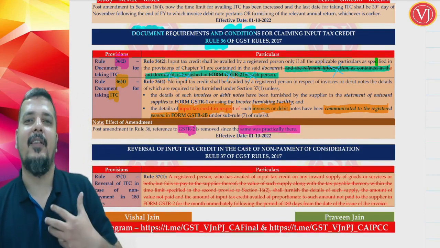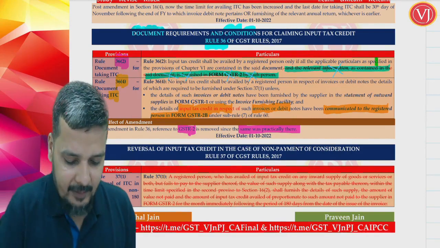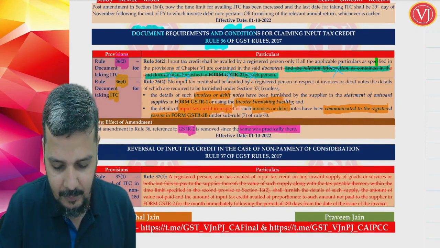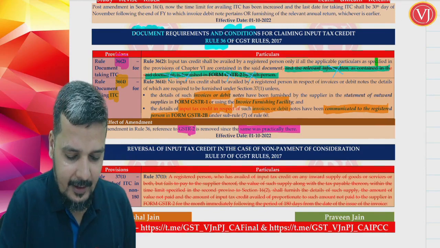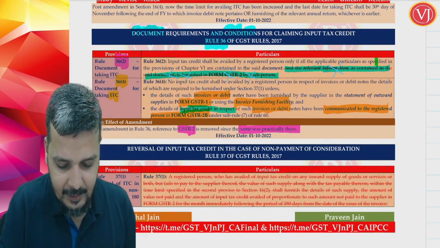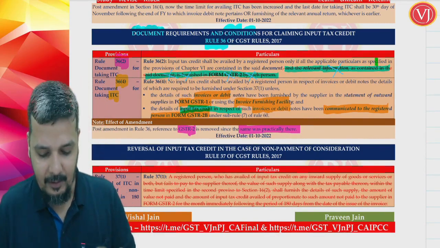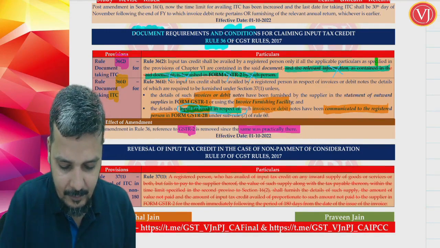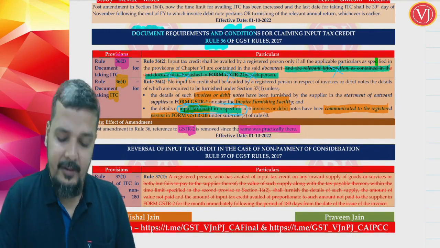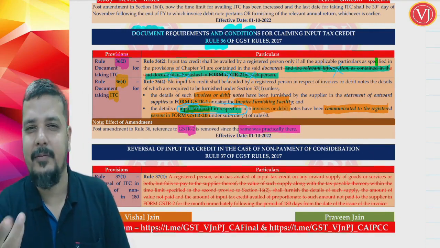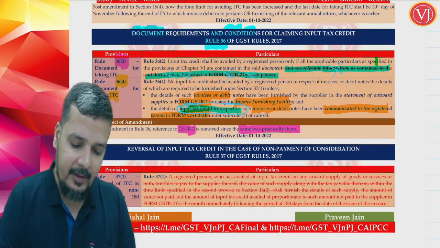So it just tells that the supplier should have filed GSTR 1 or the invoice furnishing facility, and as a recipient you should get the details of that input tax credit. Previously the wording was that you should get the details of invoices or debit notes. Now they are telling that you should get the details of input tax credit in relation to such invoices or debit notes in your GSTR 2B. So it is only a grammatical correction.